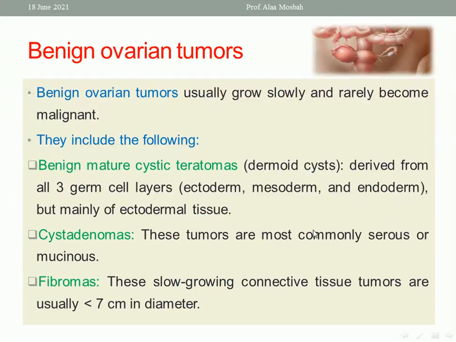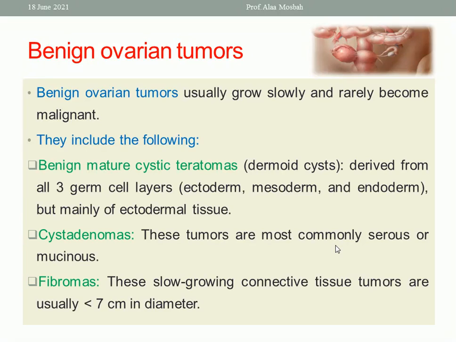So what about the benign ovarian tumors? Benign ovarian tumors usually grow slowly and rarely become malignant. And actually we have 3 benign ovarian tumors. Dermoid cyst, which is a benign mature cystic teratoma derived from germ cell tumor, and from the 3 germ cell layers, the ectoderm, mesoderm, and endoderm.